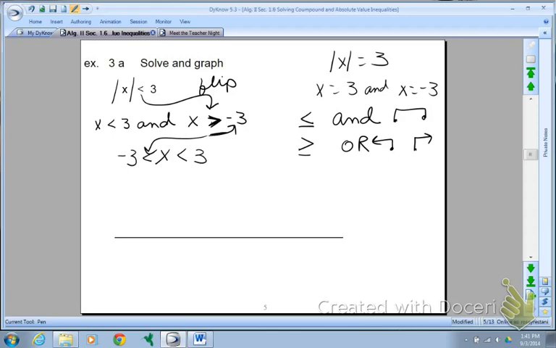Or what you could do is automatically set it up this way, which is much easier. Take it out of the absolute value, put it in the middle, put less than signs on both sides, put the negative on the left and the larger number on the right. And then go to graph it.